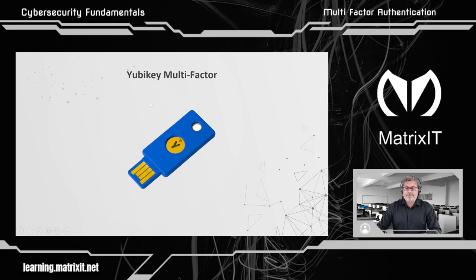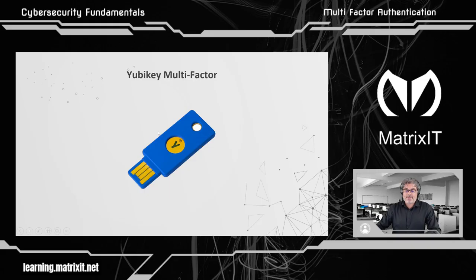Now YubiKey. I also have one of those for my accounts. This is what it looks like. You probably can't really see it, but it's a YubiKey here. It looks like a USB stick, right? So how this works is, if you are telling the system you want to use this, when you put your password in, it says, okay, insert your YubiKey and touch.